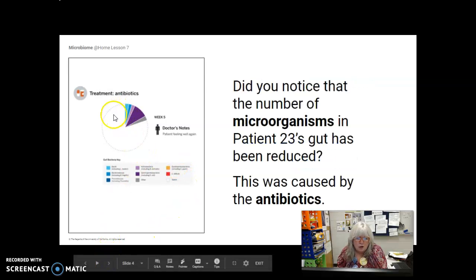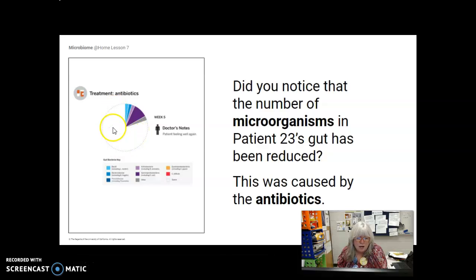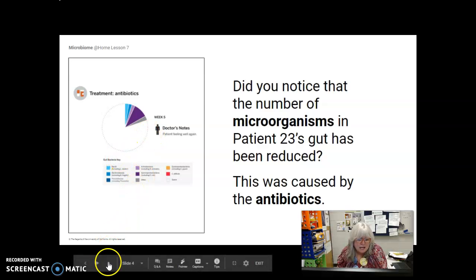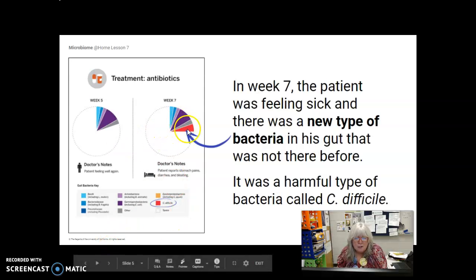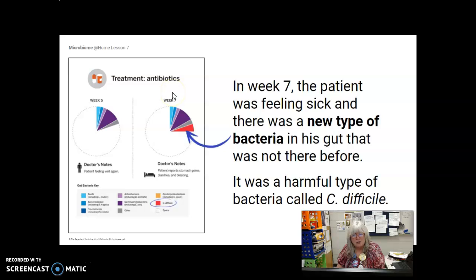You probably noticed that the number of microorganisms that the patient has been reduced. The reason it's been reduced is because of the antibiotics. If we look at week 7, so here we were at week 5, and now at week 7, the patient is starting to feel sick again.